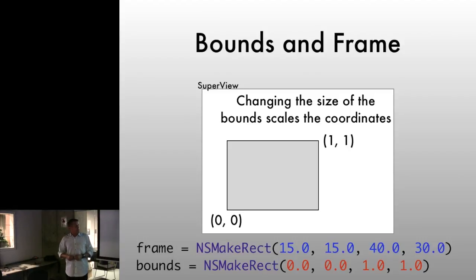If you reassign the bounds, you can assign them in such a way that the center of your view is 0, 0, and that often makes your drawing code easier if you have some sort of rotational symmetry that you want. So in terms of this frame that we've set up here, if we set our bounds to start at -20, -15, and the size was 40, 30, we could have 0, 0 be the center of this frame. If we drew at 0, 0, this is where it would draw. Does that make sense?